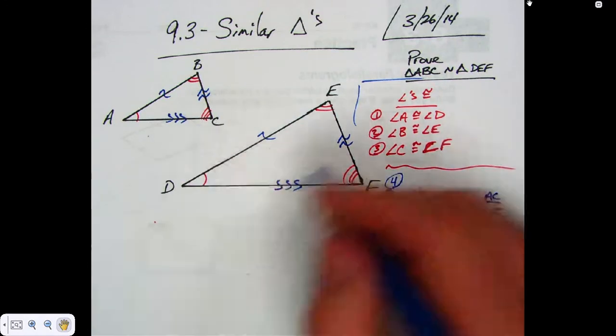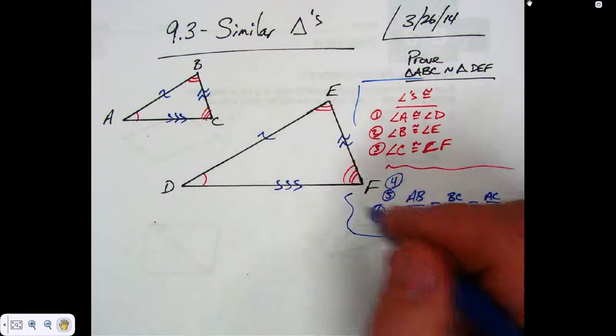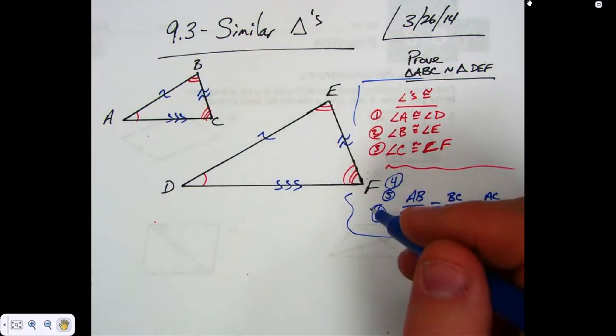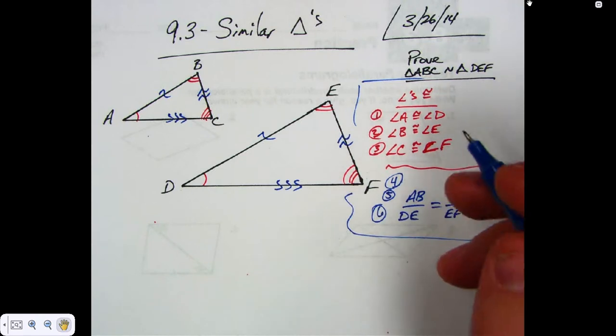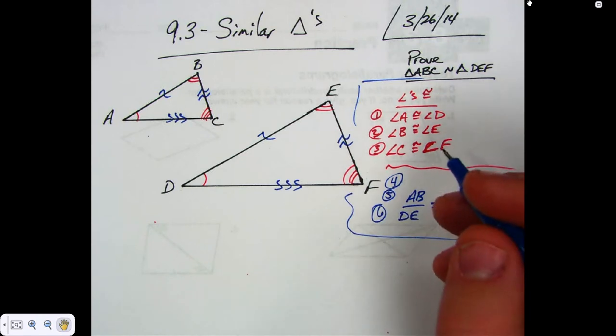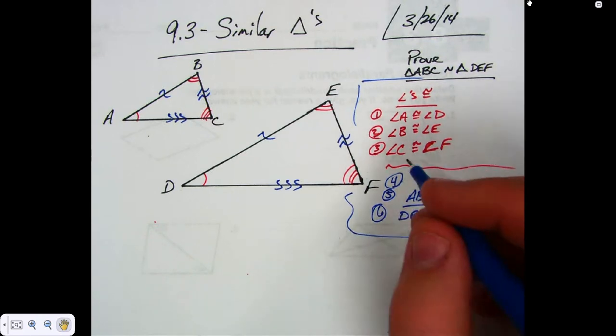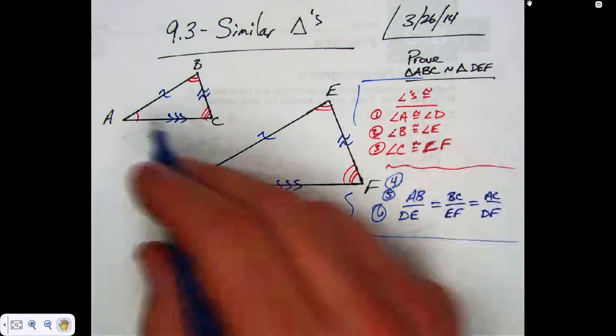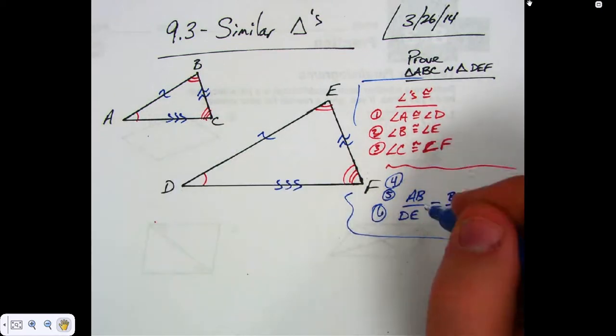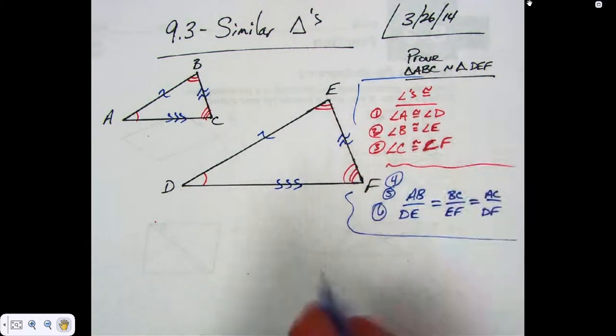And you would think that if all the angles were congruent, then probably the sides could be similar, at least for triangles. Now, for quadrilaterals, it doesn't work that way. But for triangles, if your angles were congruent, you'd think maybe that the two would be similar.